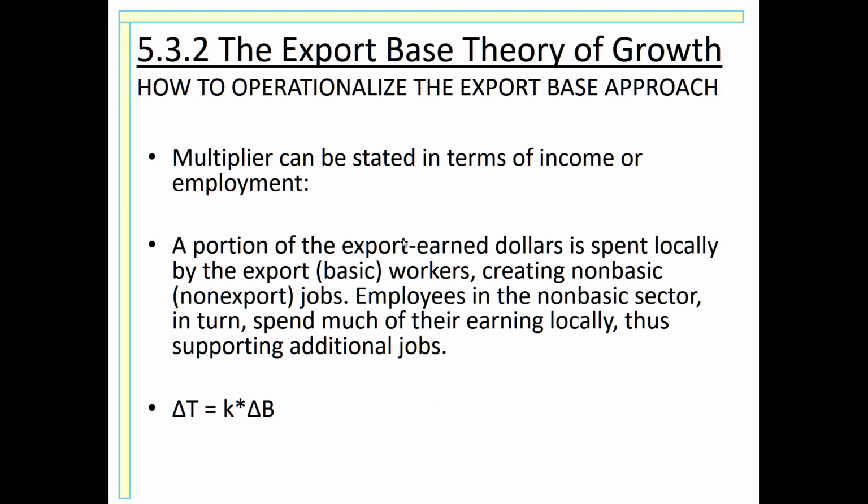The multiplier can also be stated in terms of employment. The reasoning is the following: when income grows, we spend more, a part of it locally. That was the reasoning of the multiplier. But when we spend more locally, meaning we are buying more goods and services locally, those goods and services have to be produced.